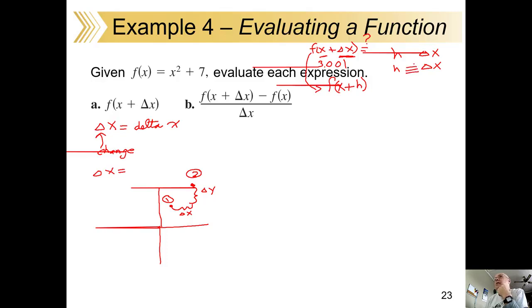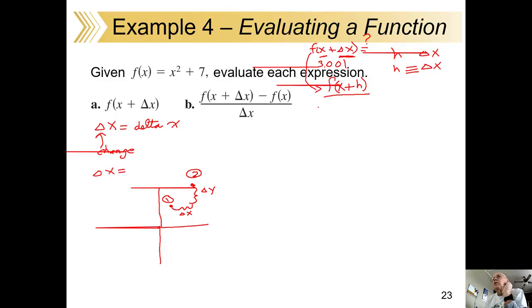They're the same thing. It's a small positive number, as small as possible, really. A positive number. So this x plus h, the f of x plus h, is the function value at something real close to the function value for x.